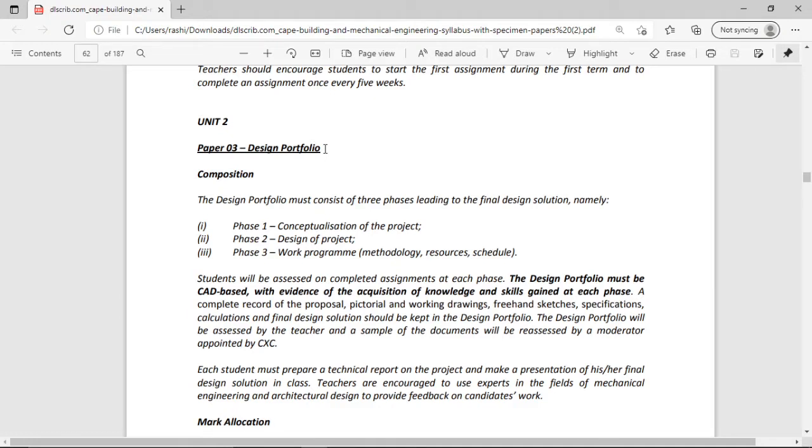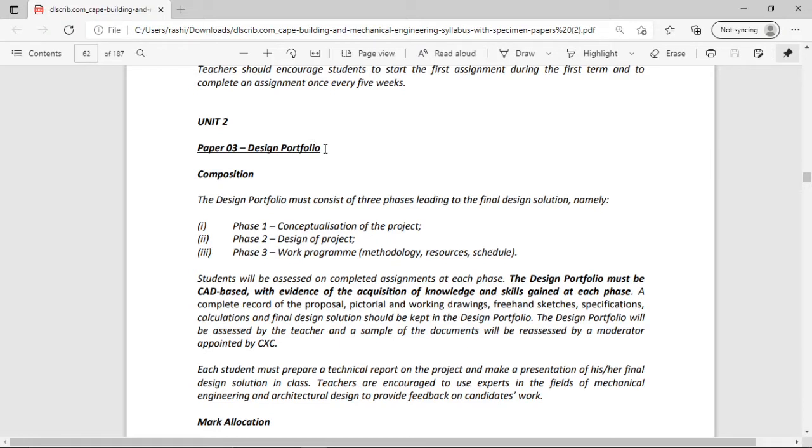Evidence would be in the form of your sketches and also in your initial reports, where you would have in your writing to say this is how I came up with this idea. We looked at different apartment buildings, we did some research, and based on the research, this is how we came up with this finished product. So at each stage you will have evidence, and that will be in writing.